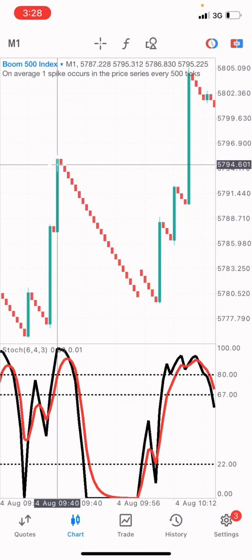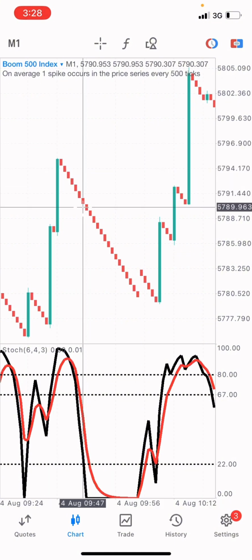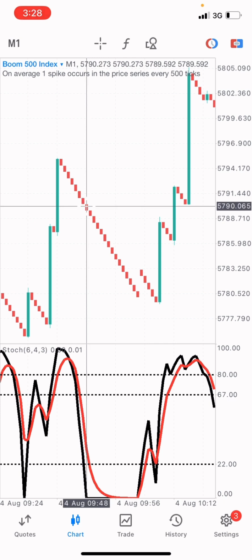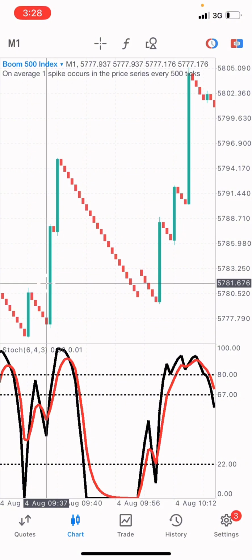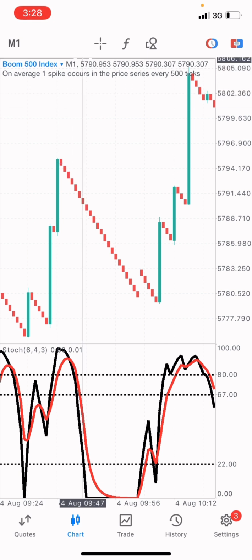Now at this point right here, the market spiked, then the market continued to sell a little bit. Now I want you to take note of something about Boom 500 Index. Take a look. There was a spike here and there was another spike. So it is not possible by any chance that this market would spike again.